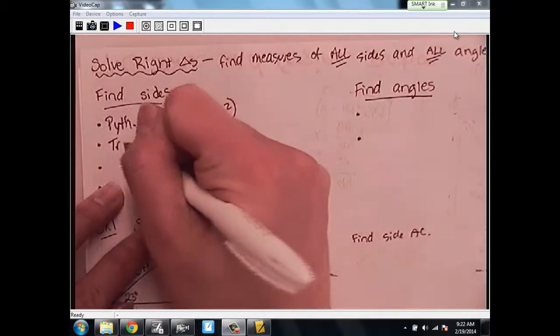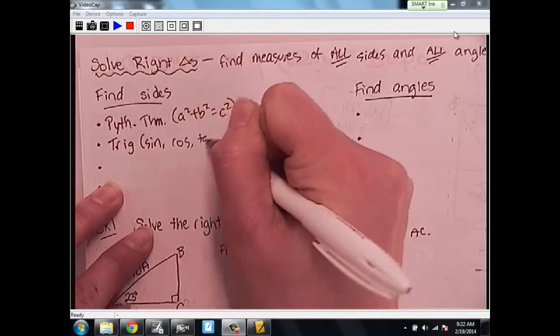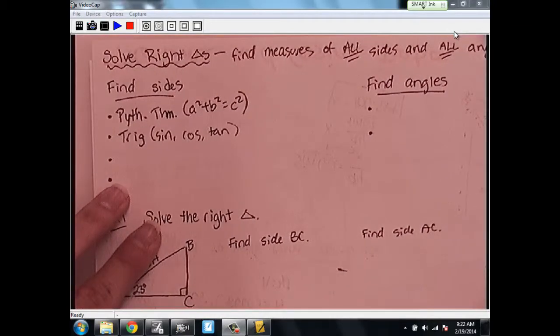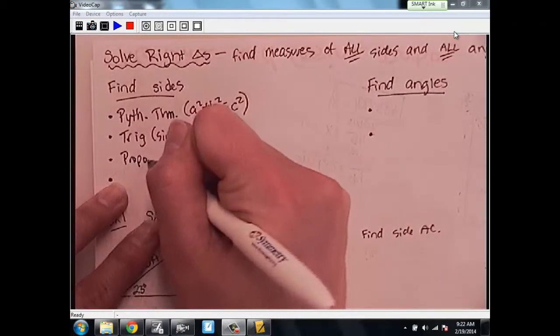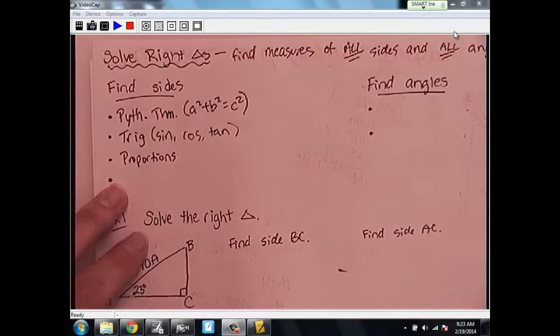Lately, we've been doing a lot of trig. We've either used sine, cosine, or tangent. In chapter 6, we had two triangles and we used proportions. We compared your corresponding sides, we used proportions.